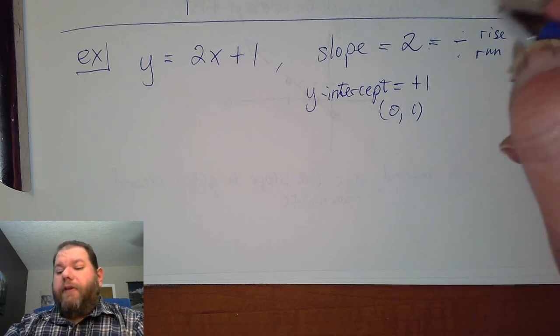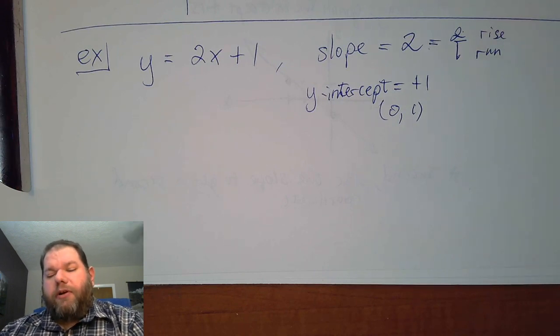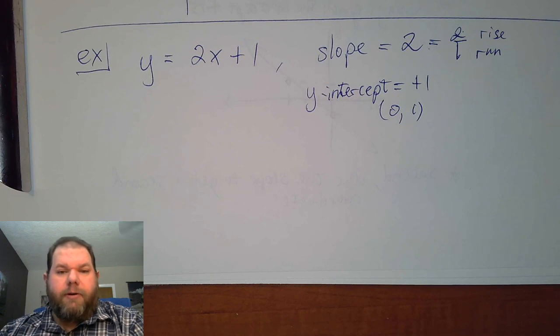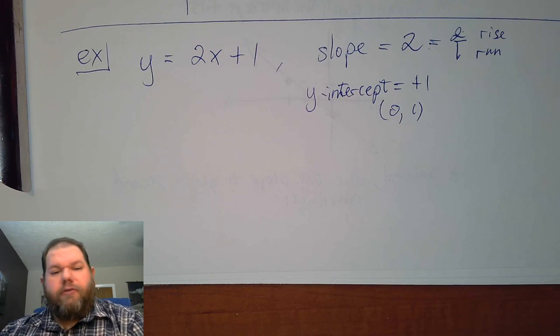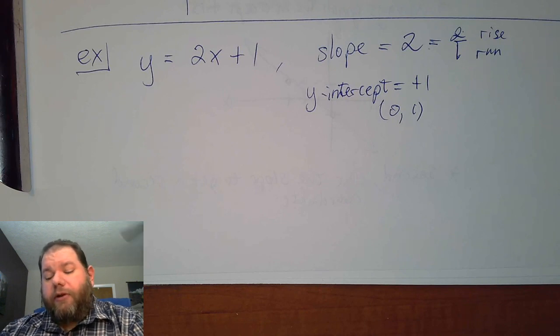We put it over 1, exactly. I mean, we could make it a little bit more elaborate if we wanted to. Like, we could say 4 divided by 2 is 2. But 2 over 1 is probably the most efficient way to proceed. Just whatever whole number we have, if we have a whole number slope like we do here, we just write it as being over 1 to create it as a fraction.